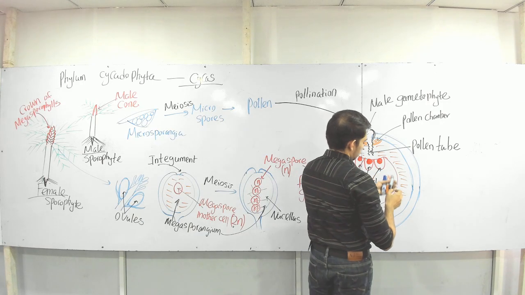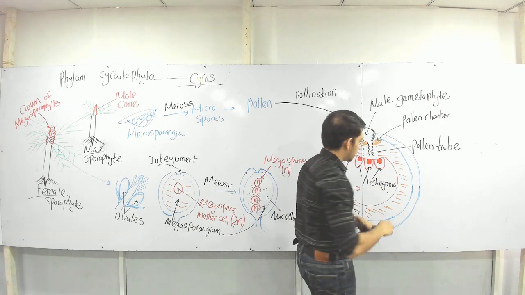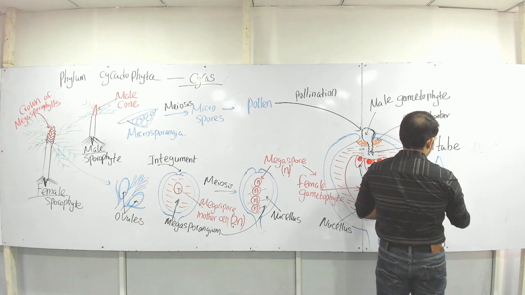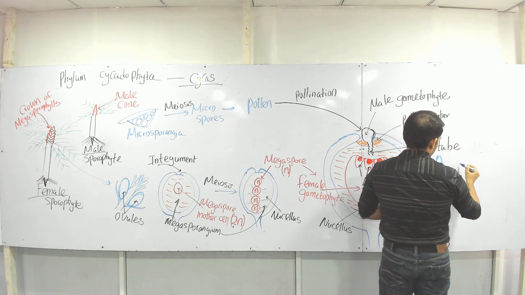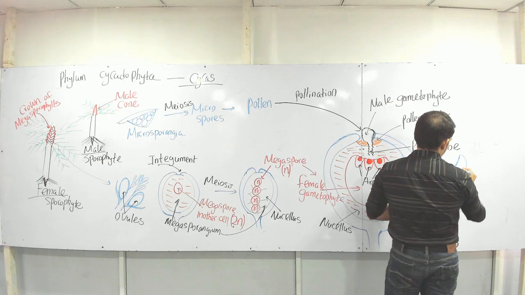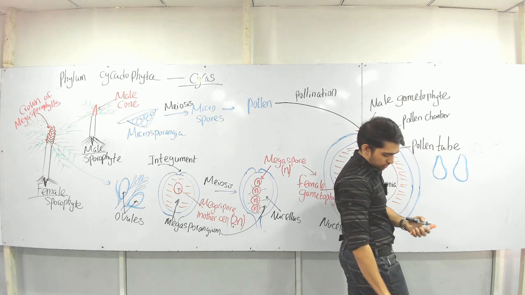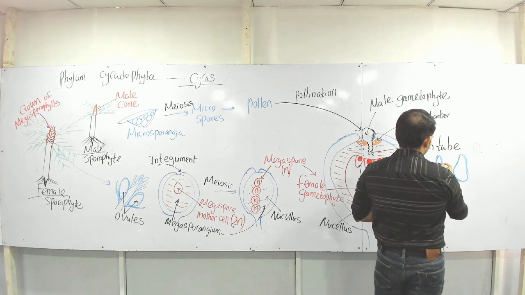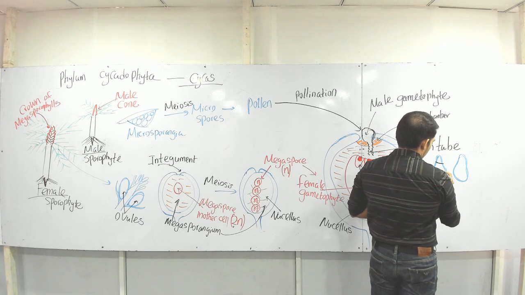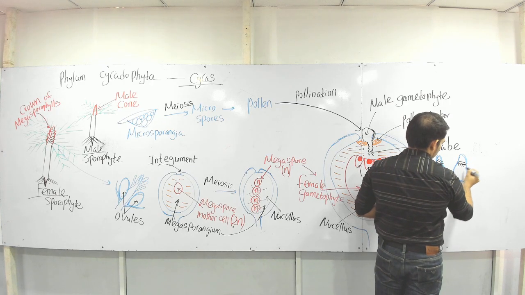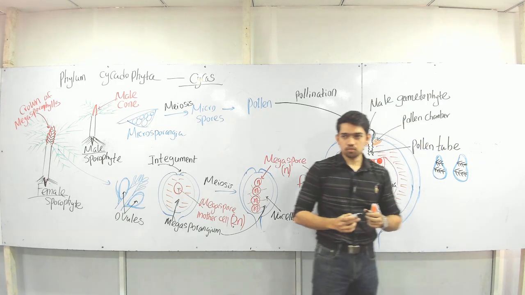I'll draw this pollen a bit outside. They are sort of like a pear, like this. Two of them are produced, and they have this band of cilia, two bands of cilia around them.